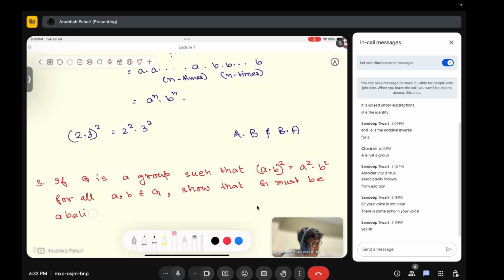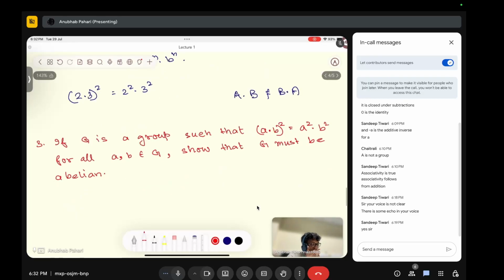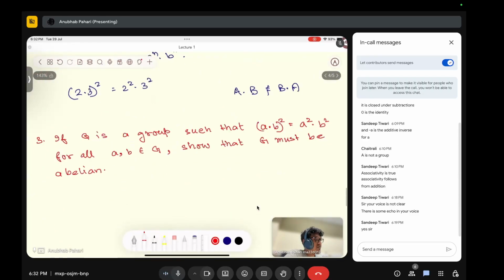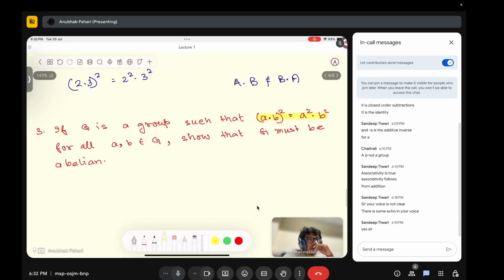We all know that the converse is true, right? When G is abelian, this is true for all n, so for square this is also true. But the thing is that if this result is true, we have to prove that G must be abelian.